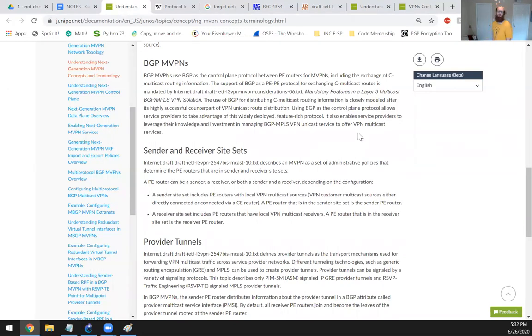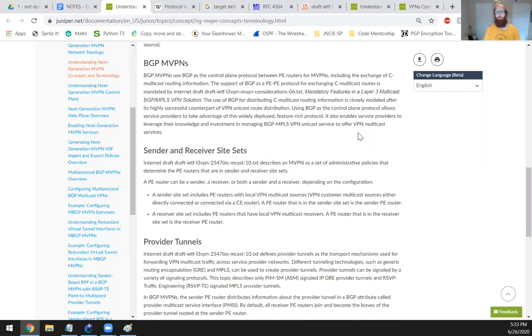BGP-MVPNs, multicast virtual private networks, use BGP, border gateway protocol, as the control plane protocol between PE provider edge routers for MVPNs, including the exchange of C-multicast routing information.